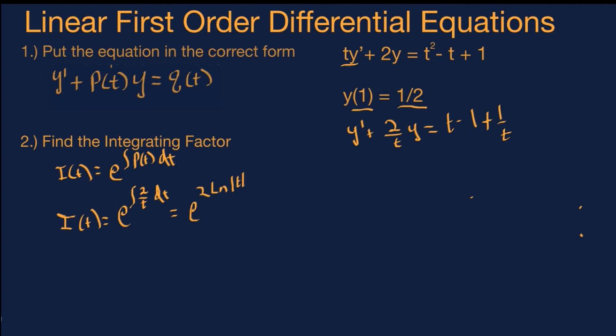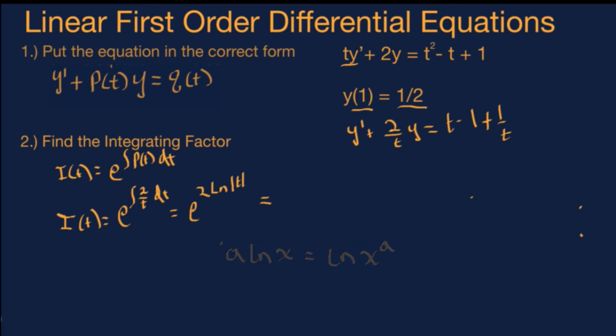We don't need the constant of integration here, for reasons explained when we derived the formula in the previous video. But this can actually be simplified further. A constant times a natural log of something is the same thing as the natural log of that something raised to the constant.